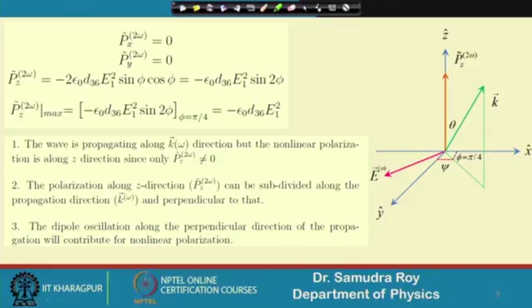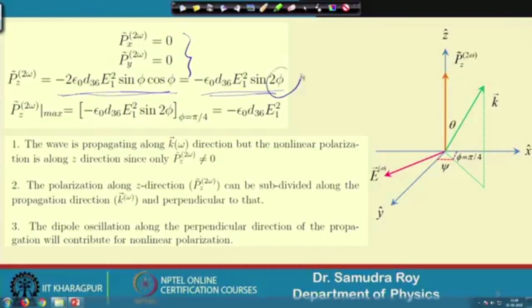If you look carefully, P x is 0, P y is 0, no doubt about that. So, P z is this quantity which is the multiplication of d 3 6 and the last term which is 2 epsilon 0 E 1 square sin phi cos phi, which is this. Now, one thing one should note is that this P z 2 omega term is depending on phi.